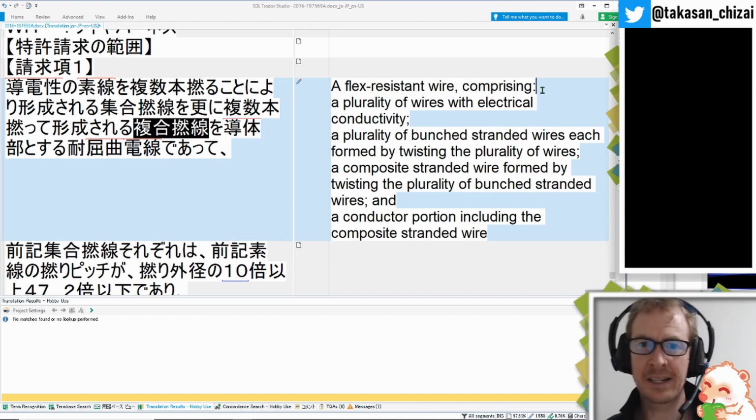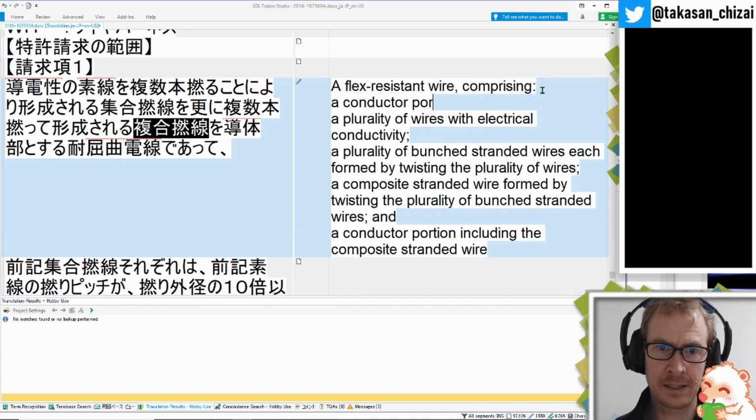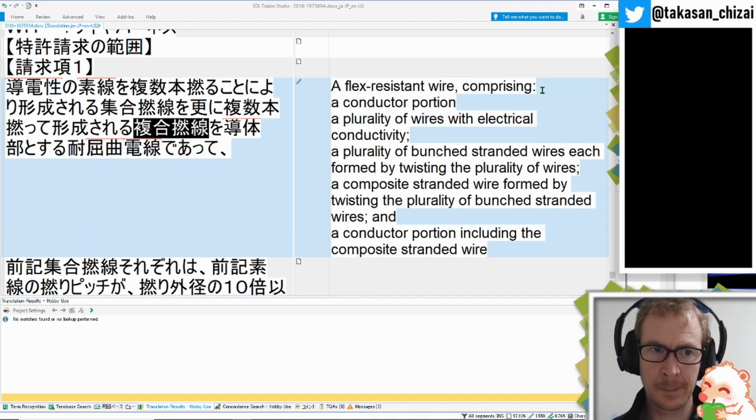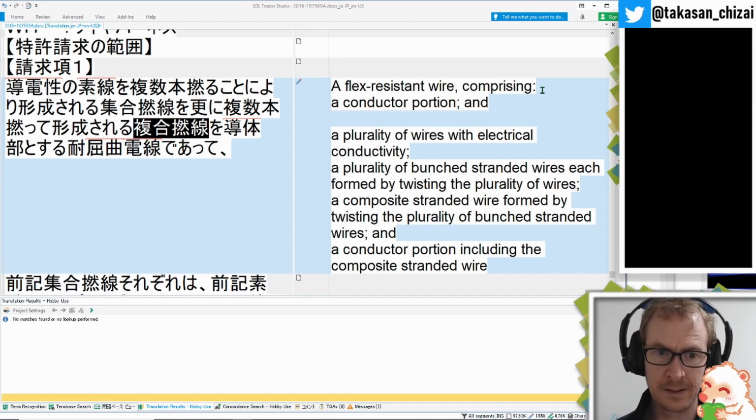So does that mean we now come back here and say a conductor portion and a composite stranded wire.